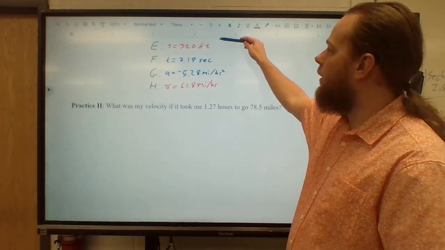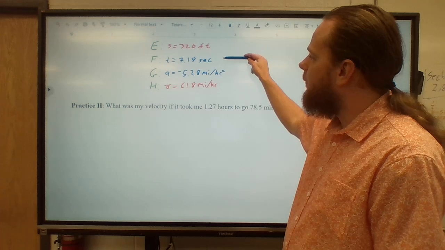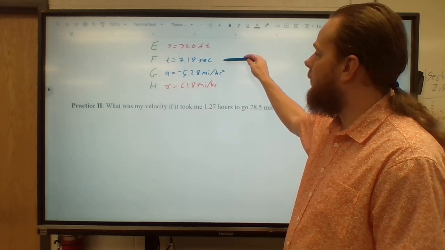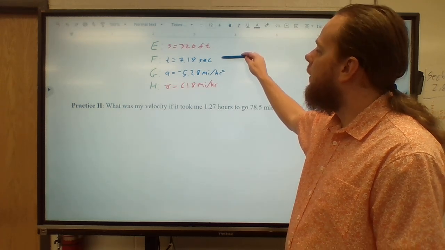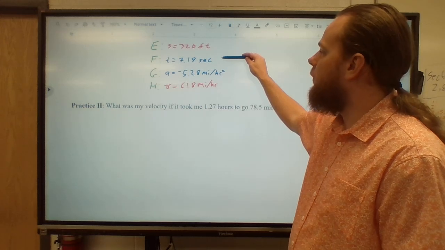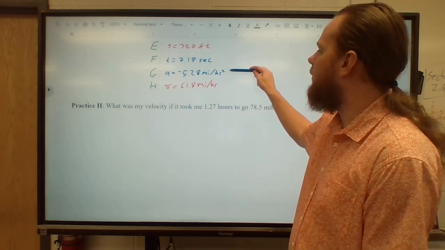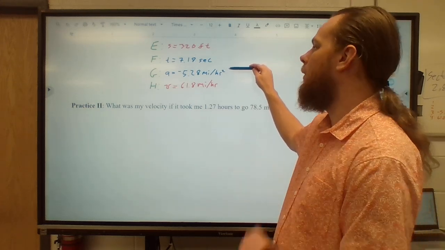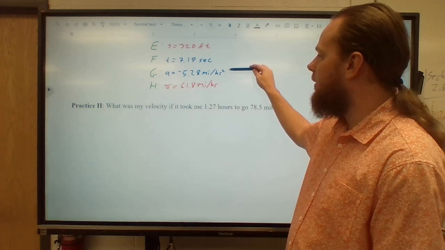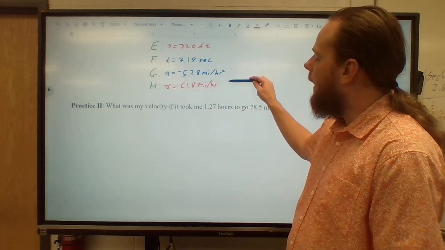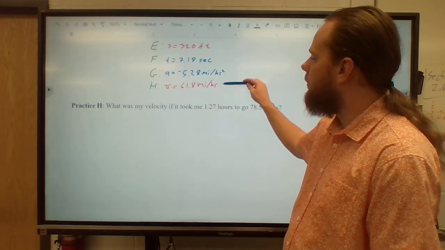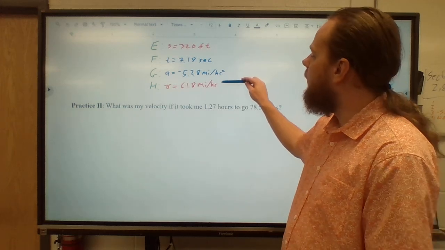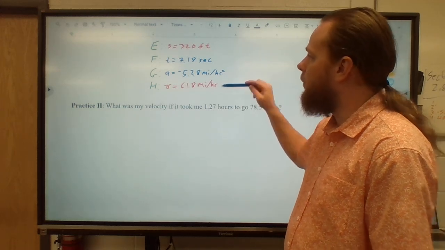E is 320 feet. For F, T is going to be 7.18 seconds. On G, the acceleration is negative 5.28 miles per hour squared. And V for number H is 61.8 miles per hour.